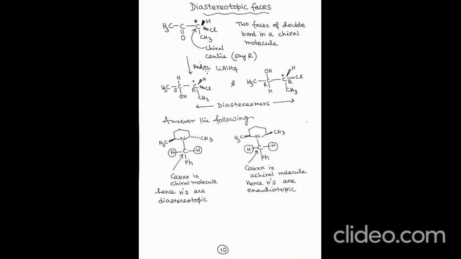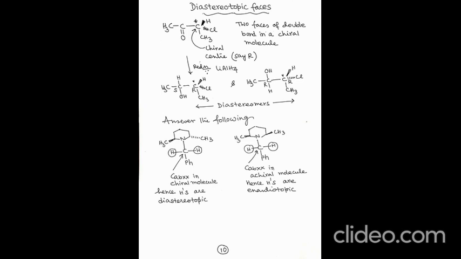Now let us apply this concept to the diastereotopic faces. In this case, for the given molecule we have to identify the topic relationship between the 2 faces of the C double bond O which is present next to the chiral center. Because the chiral center is there, when we apply the addition criteria to the C double bond O, definitely we will be getting one new center. So as a whole the molecule will have 2 chiral centers.